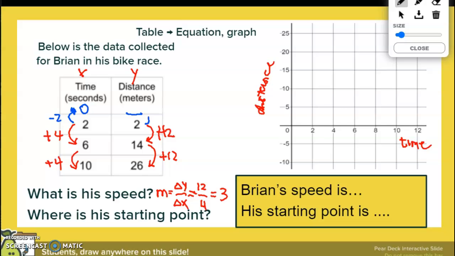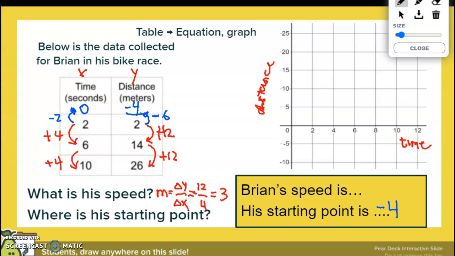So when we go back by 2, that's half of 4. You have to subtract 6, don't you? Instead of adding 12, half of 12 is 6. But instead of adding 6, we need to go backwards. So we are subtracting 6. So subtracting 6 from 2 is going to leave me with negative 4. So this tells me the starting point: when time was equal to 0, his position was negative 4.